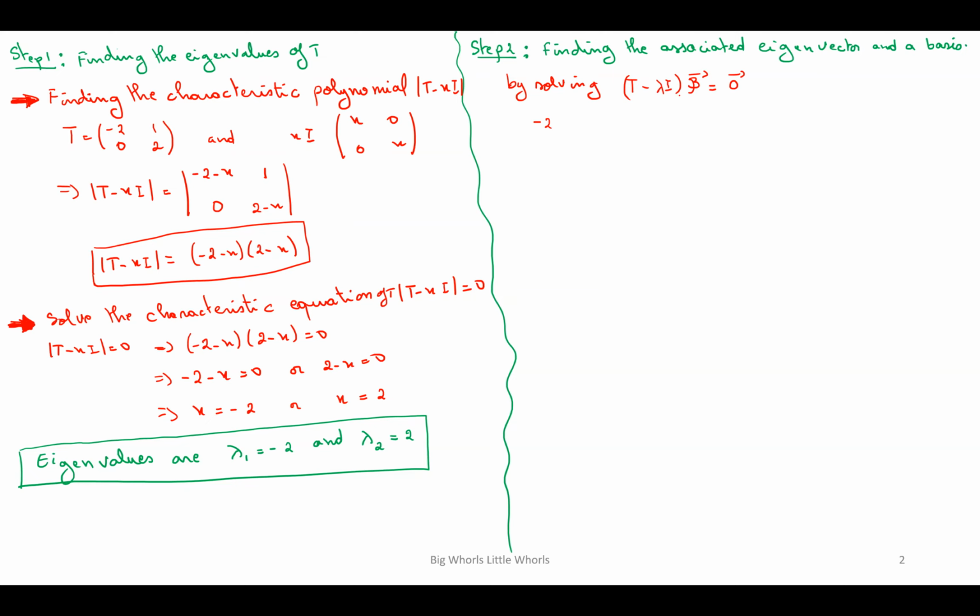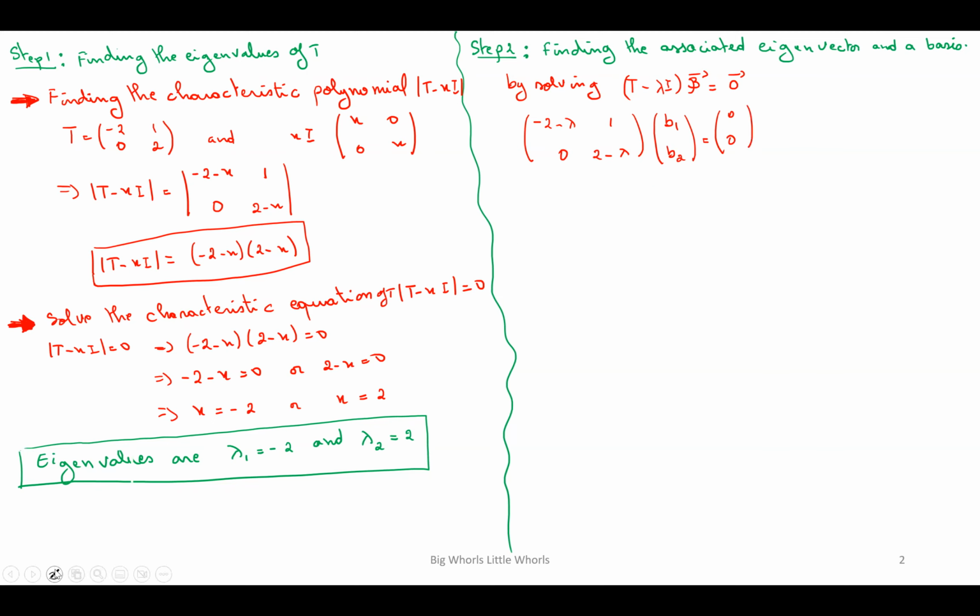And the origin of this equation, I have explained it more in depth in one of my previous videos. Okay, so we have minus 2 minus lambda, 1, 0, 2 minus lambda. That means we are going to solve the following equation: b1, b2 equals 0, 0.